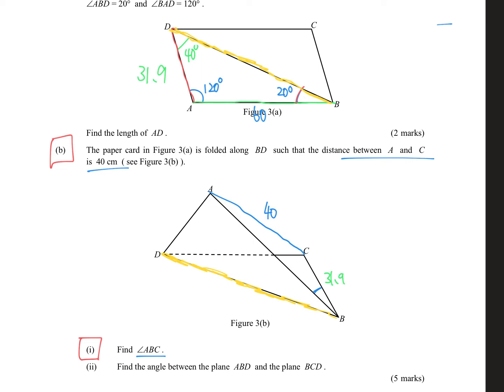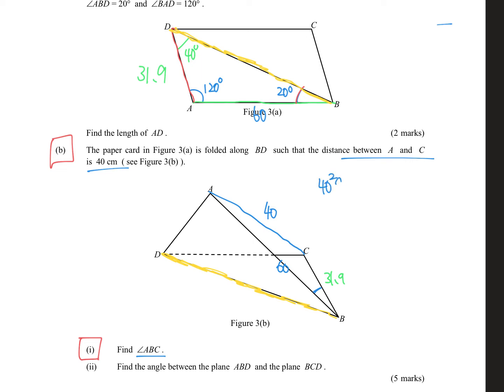And then we also have AB, so AB would be 60. So for part B1, we just try to make use of the cosine rule.